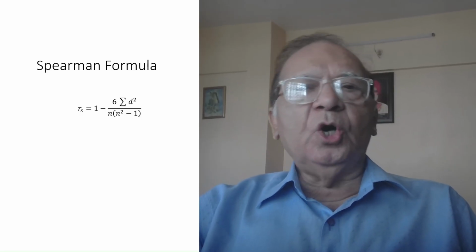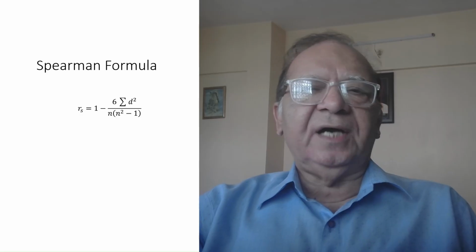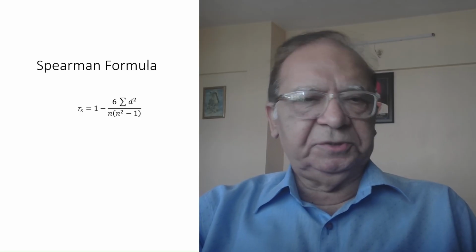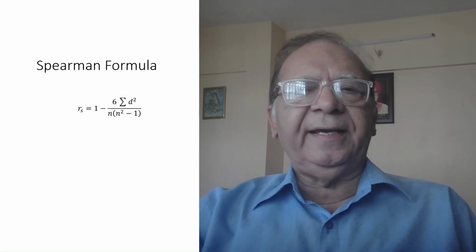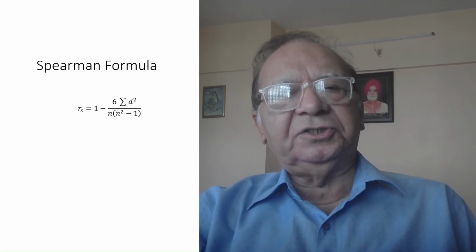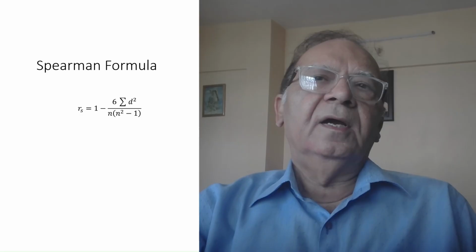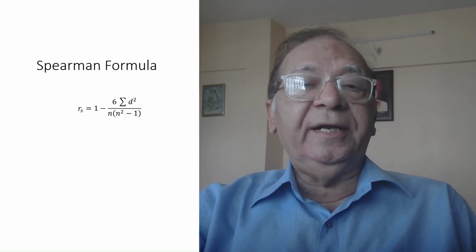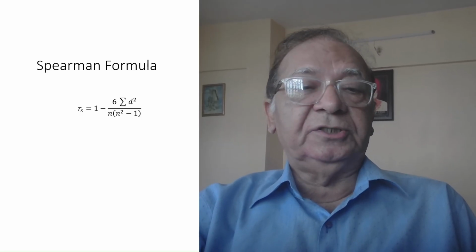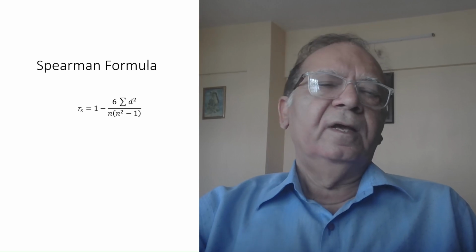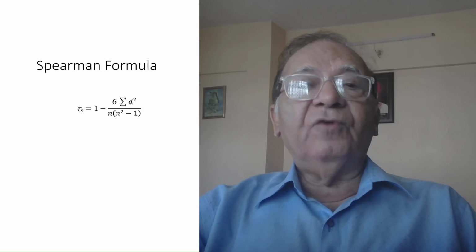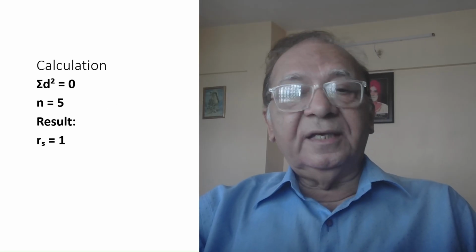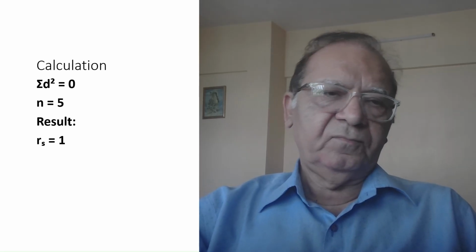A value close to plus 1 indicates a strong positive relationship. A value close to minus 1 indicates a strong negative relationship. A value near 0 indicates little or no relationship. Substituting the values into the formula for the given example gives a coefficient of 1.